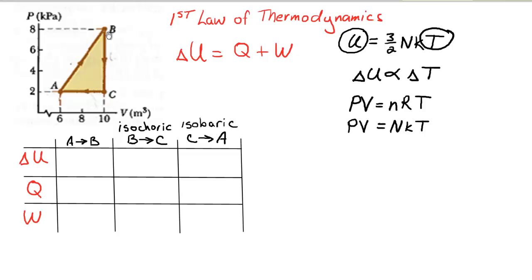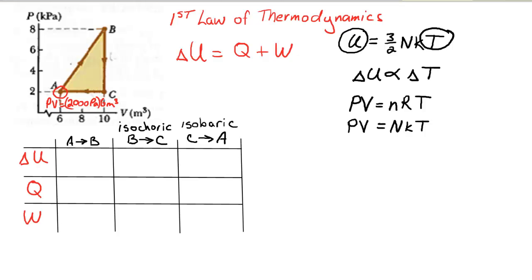So if we quickly work it out as I just did before, we see that PV at A, and I'll just do it right on the graph, at location A, pressure is 2 kilopascals, so 2,000 pascals, and my volume is 6 meters cubed.